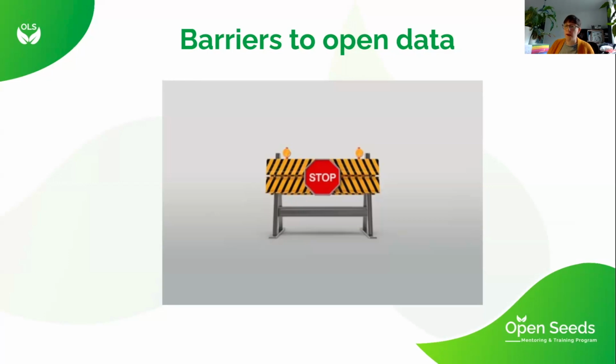What is going on that doesn't allow you to go farther in the star movement? We are going to go back to breakout rooms and discuss for 5 minutes the barriers that you've encountered or that you can imagine. Maybe you haven't encountered them, but you have heard of them. So what are the barriers to open data?